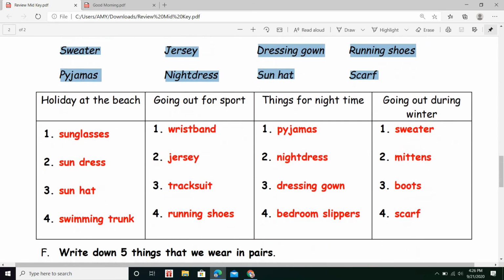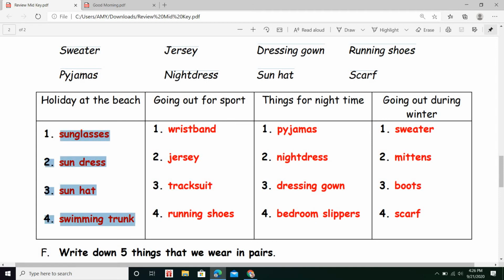Okay, here Miss Asmi already put them in the correct places. For our holiday at the beach, we need sunglasses, sundress, sun hat and swimming trunk. And then for going out for sport, we have wristband, jersey, tracksuit and running shoes.